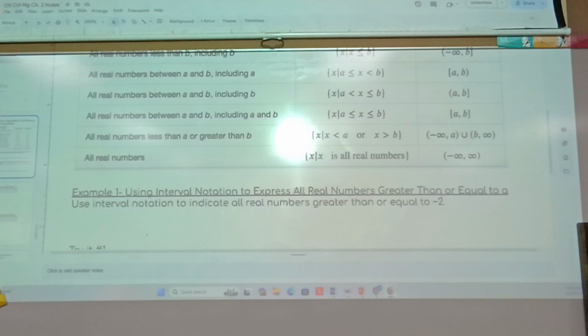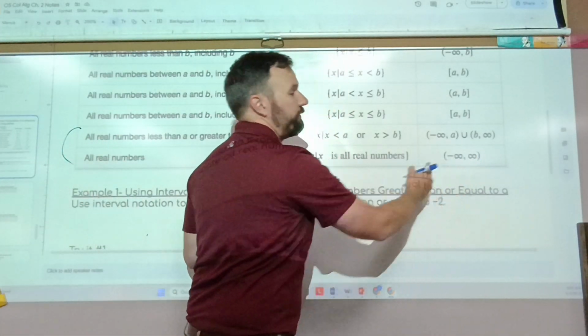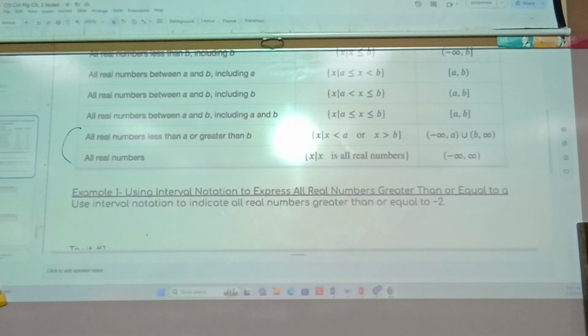If it's all reals, you're just going from negative infinity to infinity. Because if you start at negative infinity and you go to infinity, that's everything. Okay.